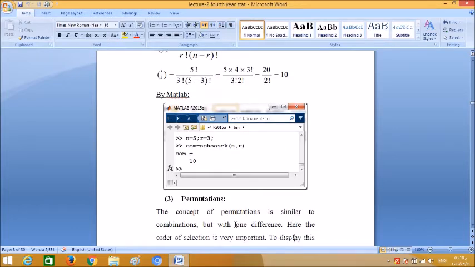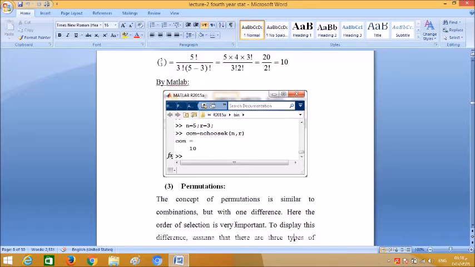Here the order of selection is very important. So the rank of items or the order of items is the main point when computing with permutation. It's not important when dealing with combinations.